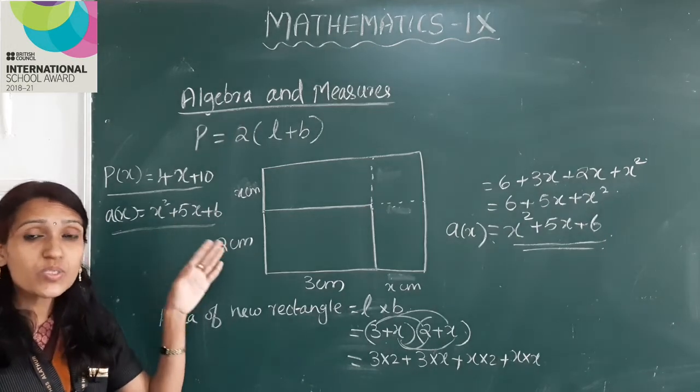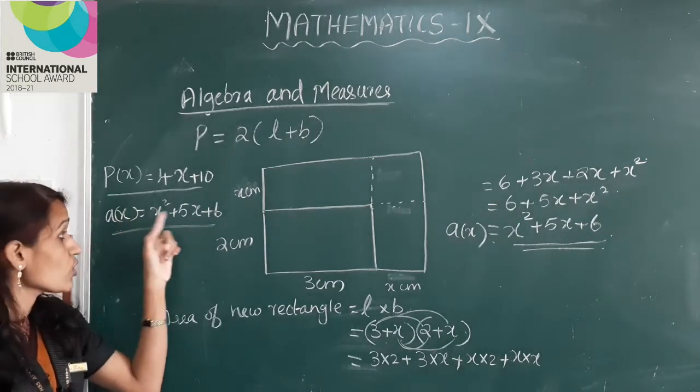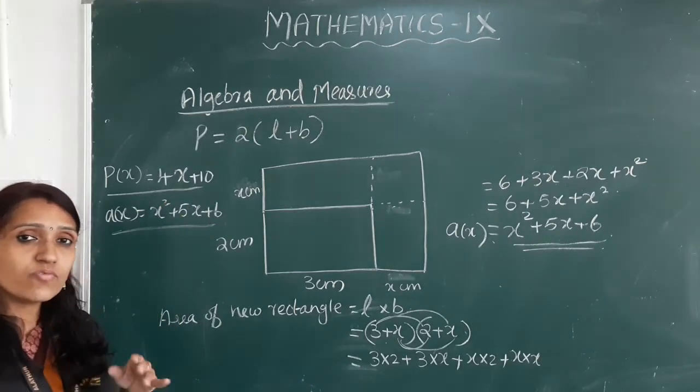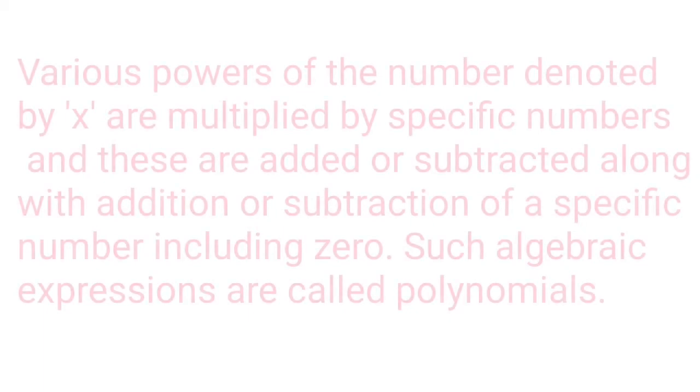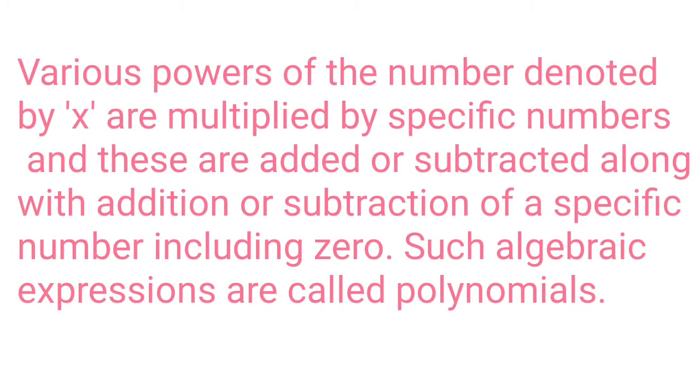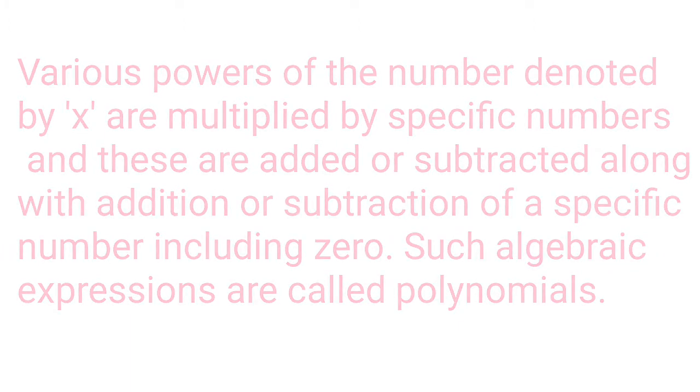We can also see as operations on pure numbers. Right? From this, we get various powers of the numbers denoted by x are multiplied by specific numbers, and these are added or subtracted along with addition or subtraction of a specific number including 0. Such algebraic expressions are called polynomials.